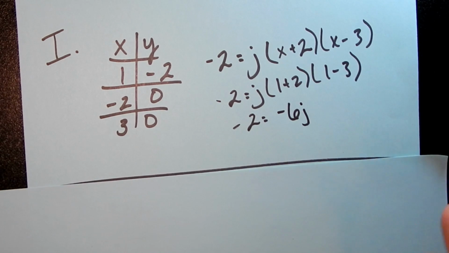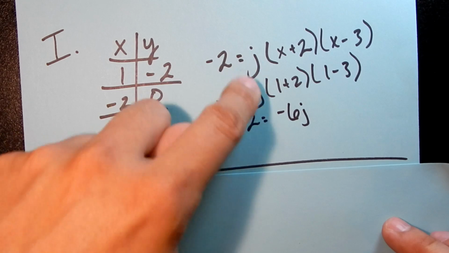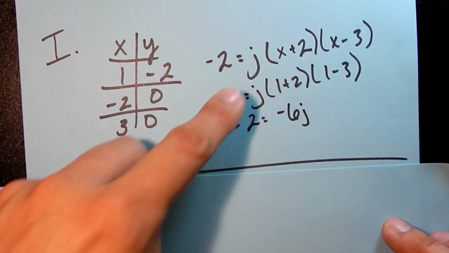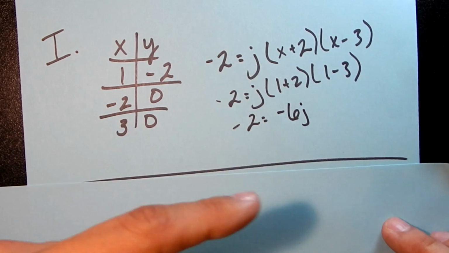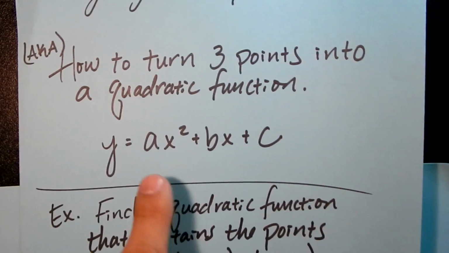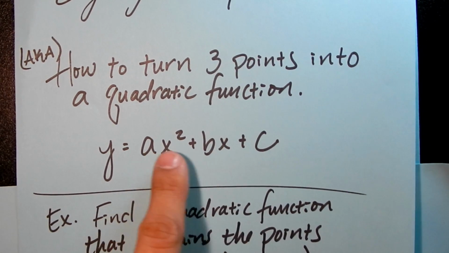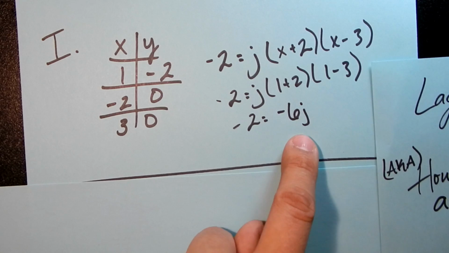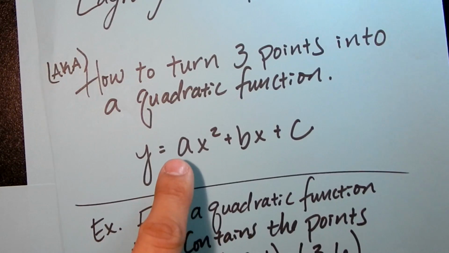Now, some teachers will use different variables here. Don't feel like you're married to j. I'm going to use j, k, and l just because they're kind of in the middle of the alphabet. I don't want to use a, b, and c because I used a, b, and c back here, and these values that we're finding for j, k, and l aren't going to just plug into here.